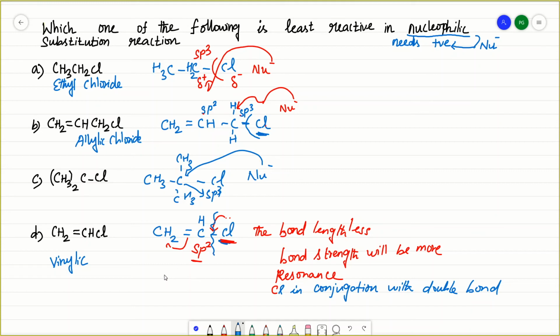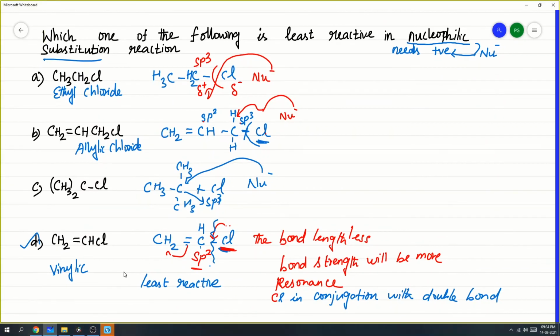So this is the very least reactive. This vinyl carbon is least reactive to the nucleophilic substitution reaction, since chlorine is directly attached to an sp2 hybridized carbon and is resonance stabilized. It is very difficult to break this bond compared to all the others. So this vinyl chloride is least reactive towards nucleophilic substitution reaction.